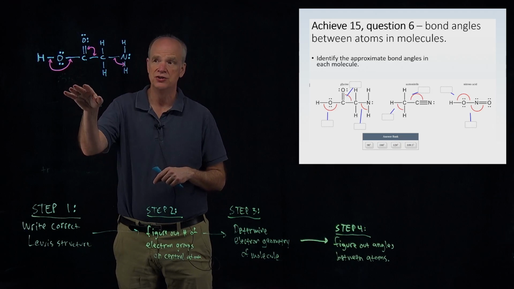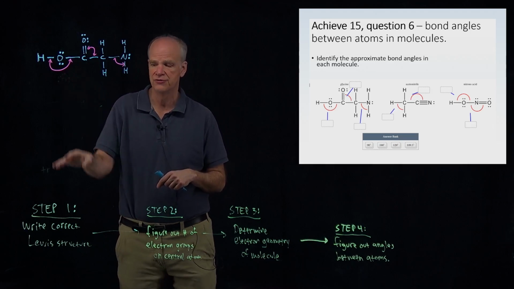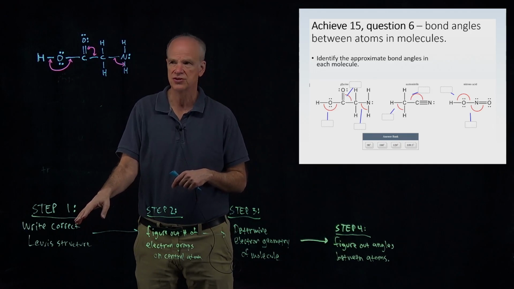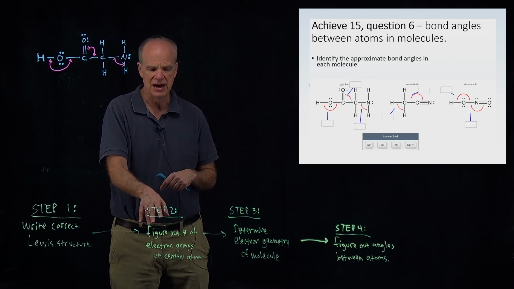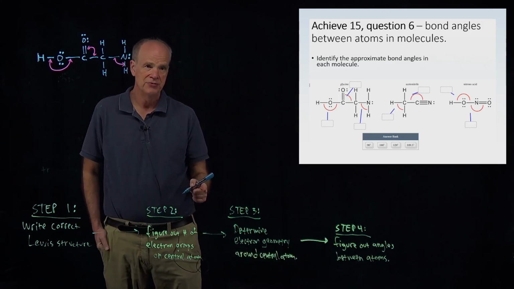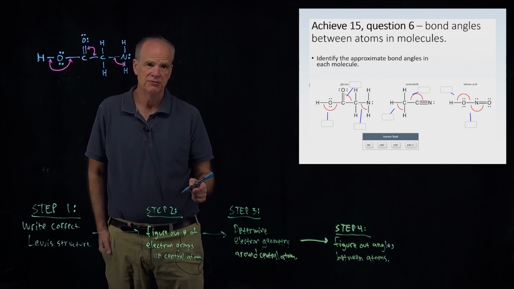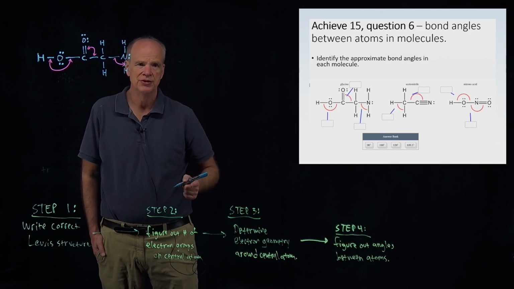The good news is this: with all of these molecules, we have already figured out a correct Lewis structure. And so we can go on to the next step, which is to figure out the number of electron groups on a central atom. Then step 3, we can figure out the electron geometry around the central atom. And then finally, we should be able to figure out the angles between the bonds.